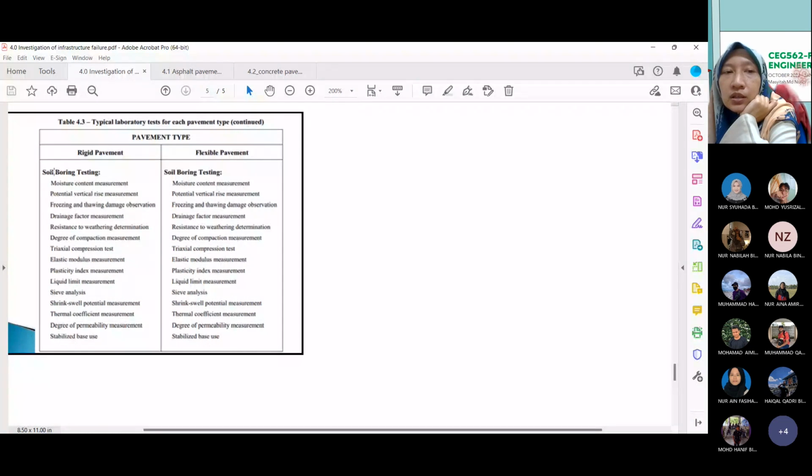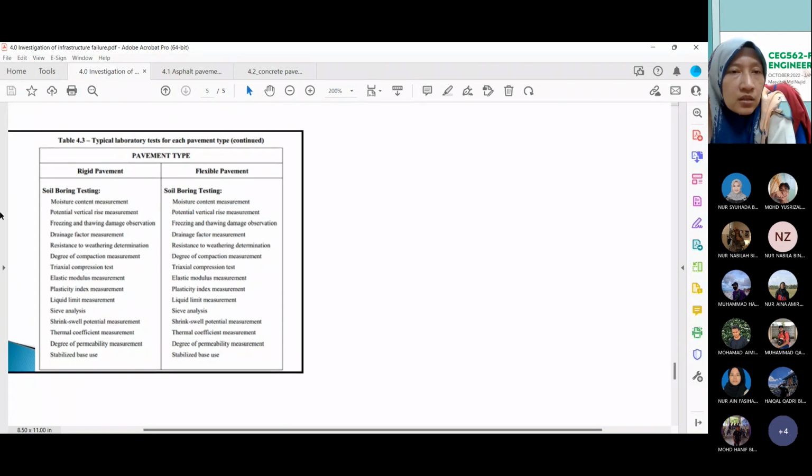Okay, I'll continue with the testing listed here. Some can be referred from the soil lab testing, such as sieve analysis, liquid limit measurement, and plastic index. Okay, soil boring testing. Remember soil boring testing is when you are conducting a destructive test, where you have a core sample.